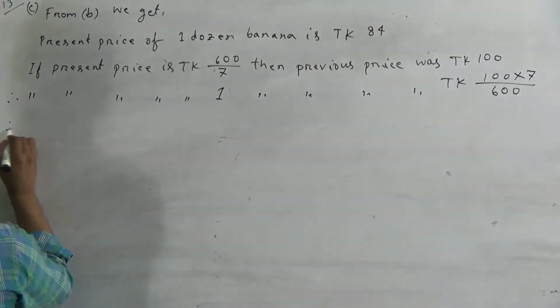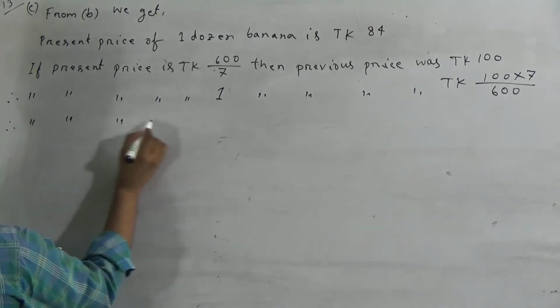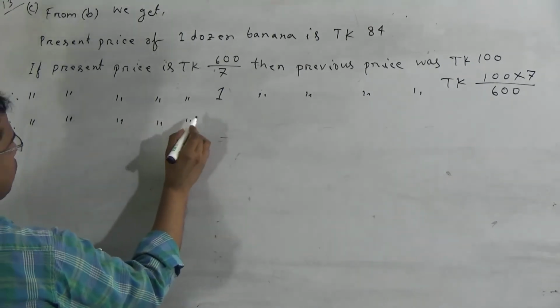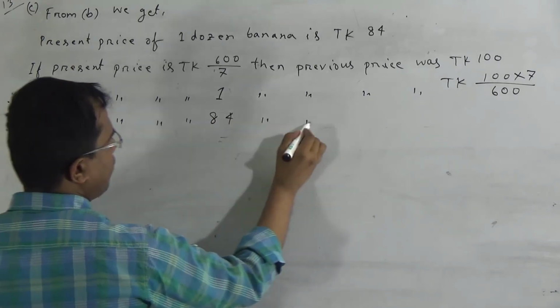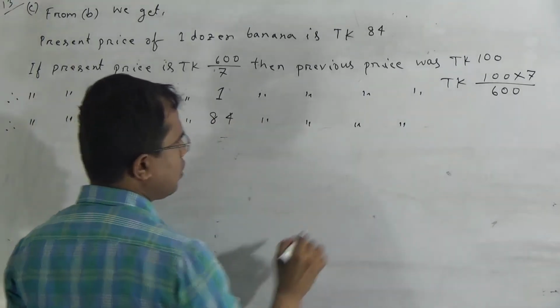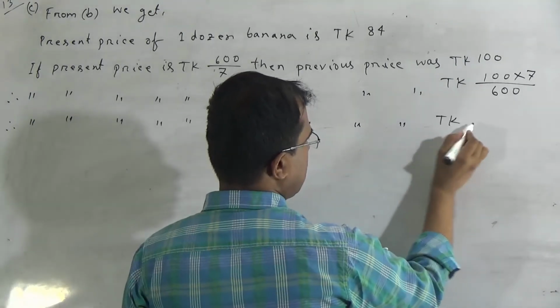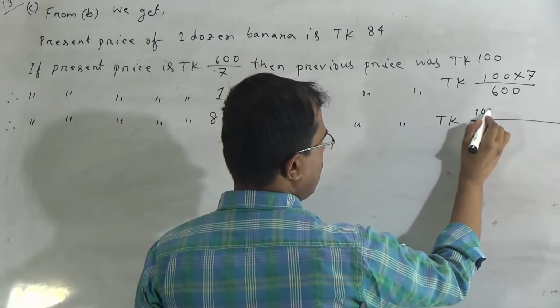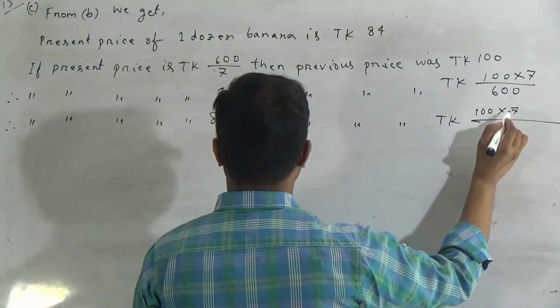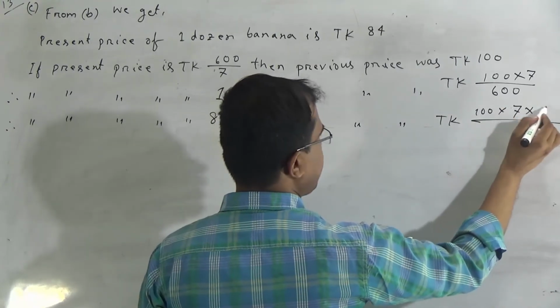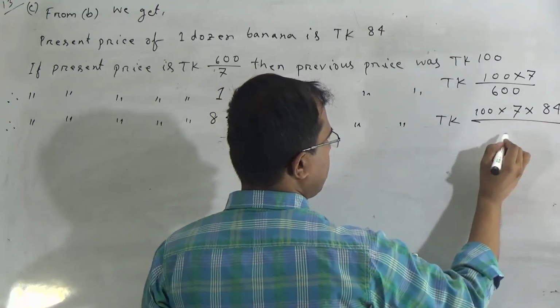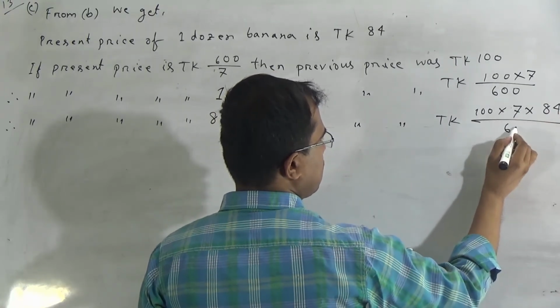Therefore, if present price is TK 84, then previous price was TK 100 multiplication 7 multiplication 84 divided by 600.